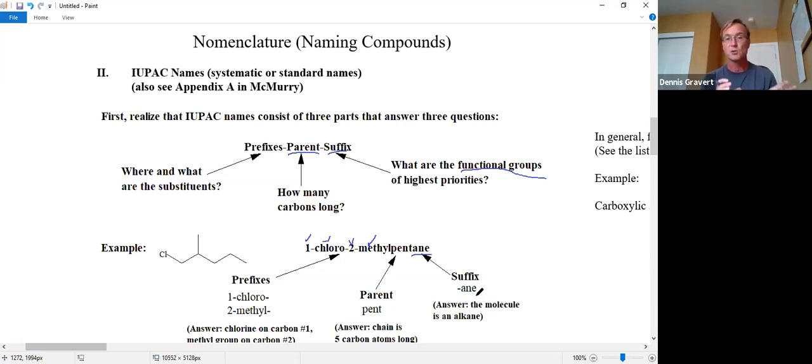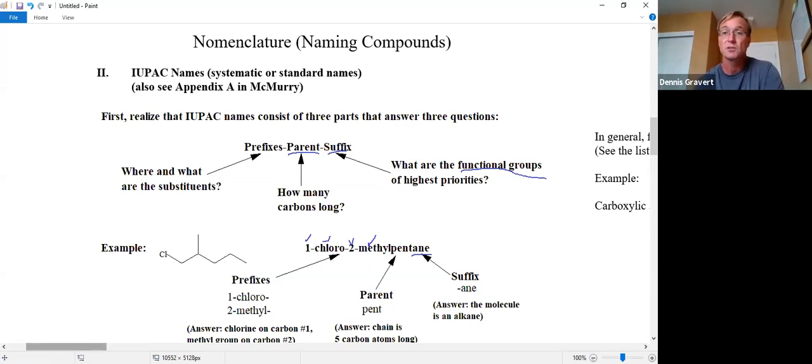The standardized name has a whole bunch of groups right in front of the parent, which is the longest chain with the most important functional group, identified by a suffix. And methane, ethane, propane, butane, those are all alkanes. And so the suffix ane, A-N-E, represents that the most important functional group is the carbon-carbon single bond in those molecules, the alkanes. Cool.